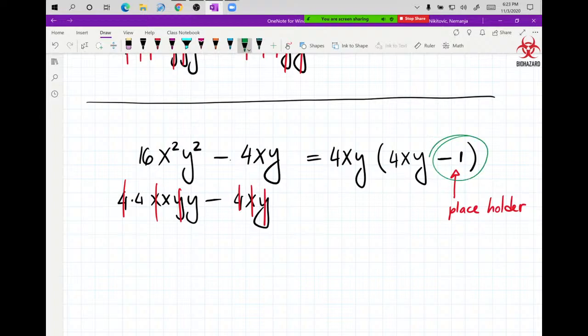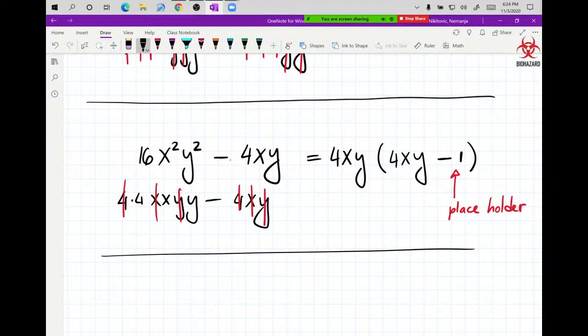So we have to put this, and you can write that as a rule. Every time you factor everything out of a term, the number 1 stays behind with whatever sign you have in front. Now I'm going to give you more examples of this so that you know what's happening.